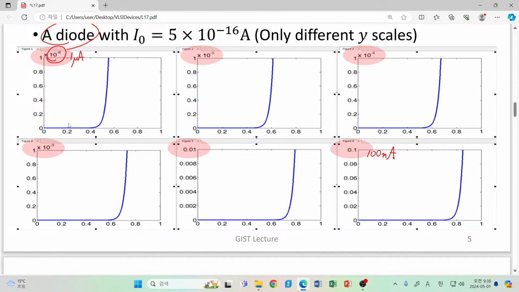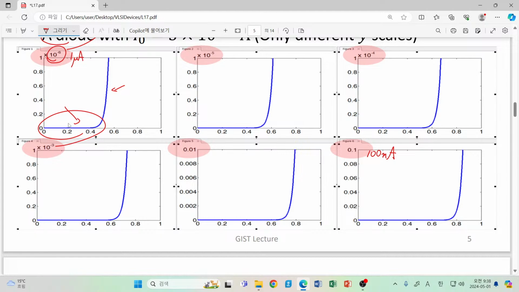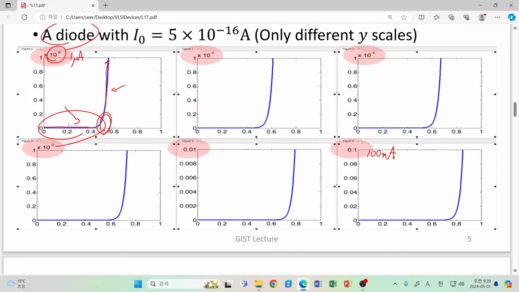So simply speaking, a diode is described by these two distinctive behaviors. Below a certain voltage, we don't know the exact value, but anyway, there is almost no current. However, if we have a certain voltage close to its turn-on voltage, then the diode current just explodes. Almost a vertical line is obtained.